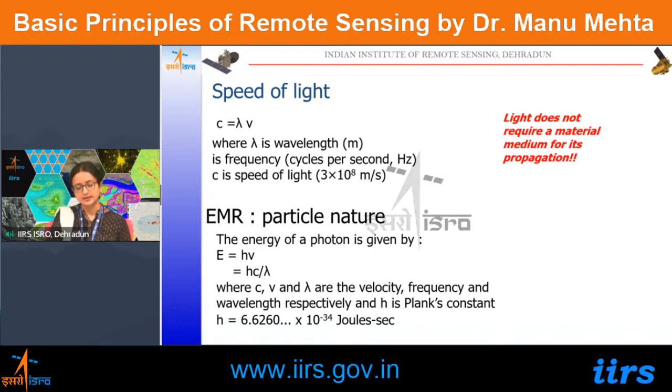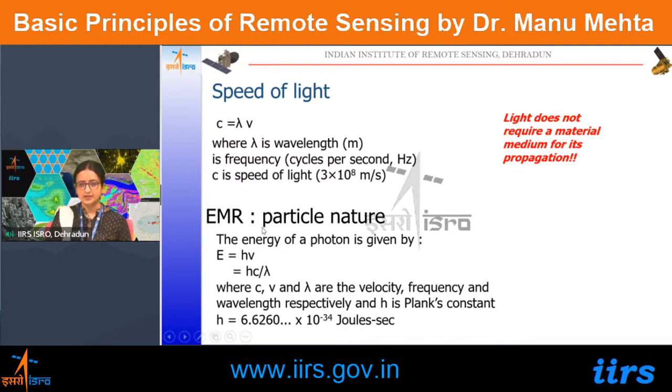Also, please note that light does not require a material medium for its propagation. That is why we use light or electromagnetic radiation as a medium to carry energy or information in space-borne measurements. Any other type of energy which could not sustain in vacuum cannot be used for space-borne measurements.